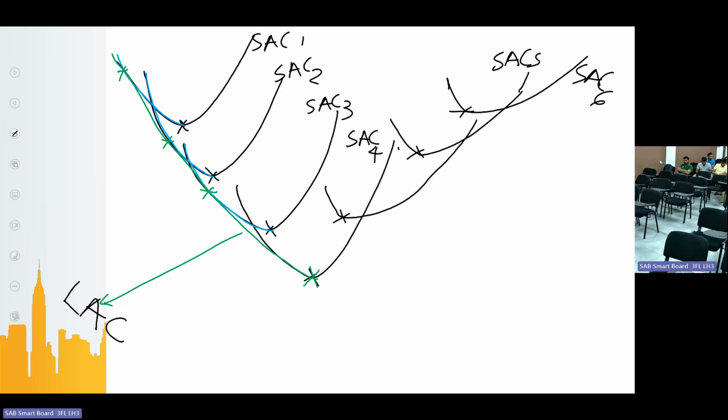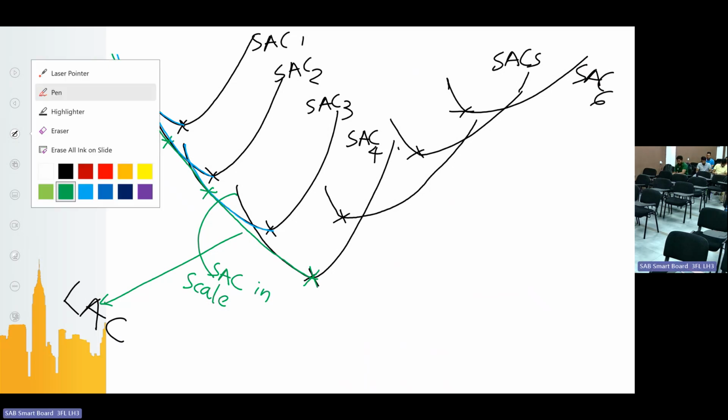This is the plant, the SAC in the scale. This is the minimum short-run average cost.